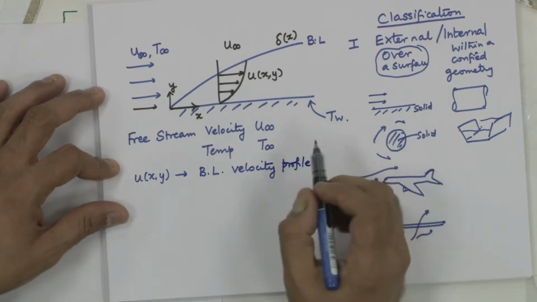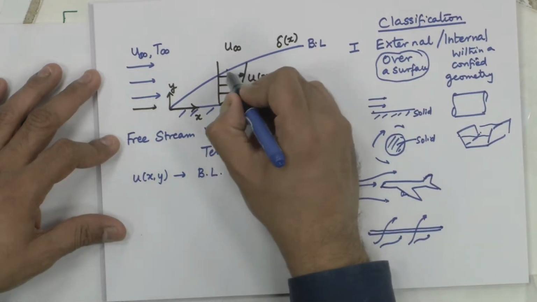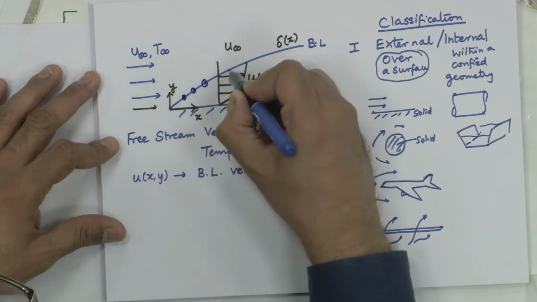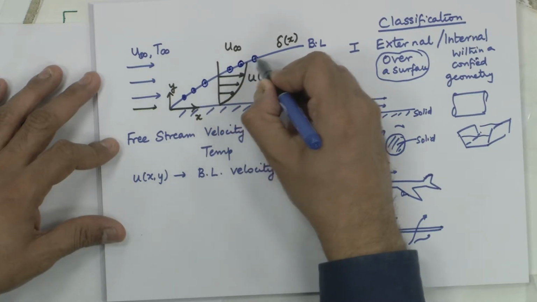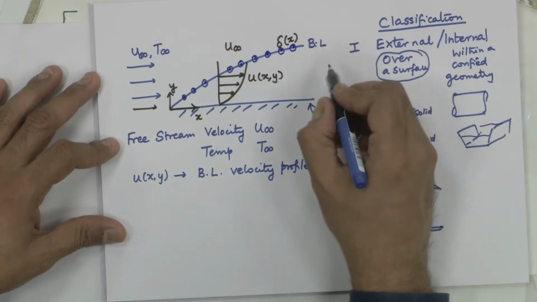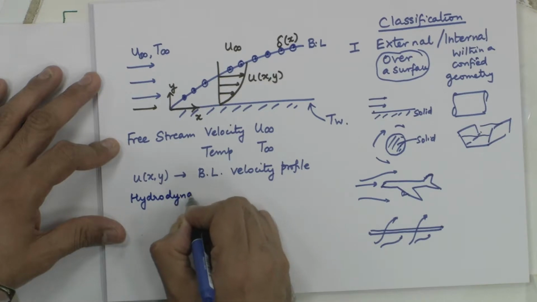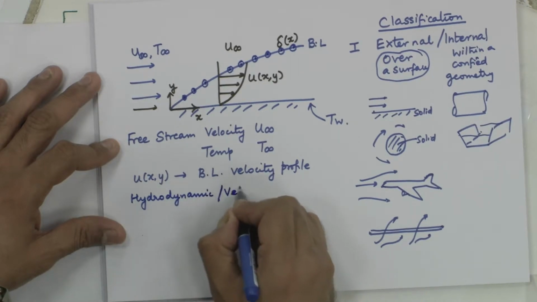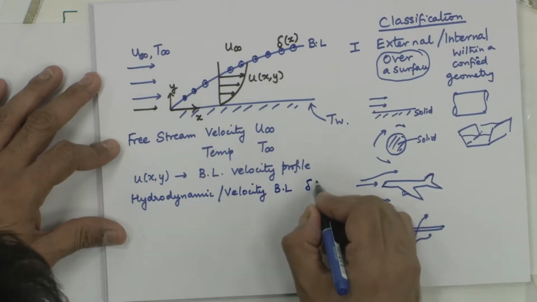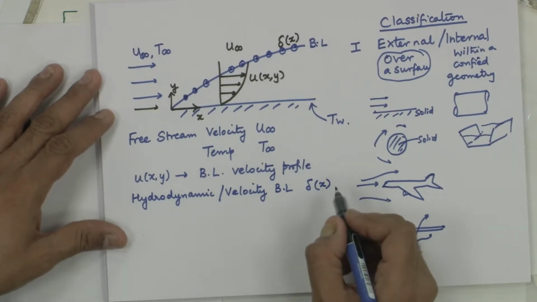What it means is that the velocity is 0 at the wall, goes to 99% of the free stream velocity, and you join these points where that 99% of free stream velocity occurs. That locus of points is called the hydrodynamic boundary layer, the velocity boundary layer as you call it. It is given by a symbol delta. Within parenthesis, x means it's a function of x, or the flow direction.